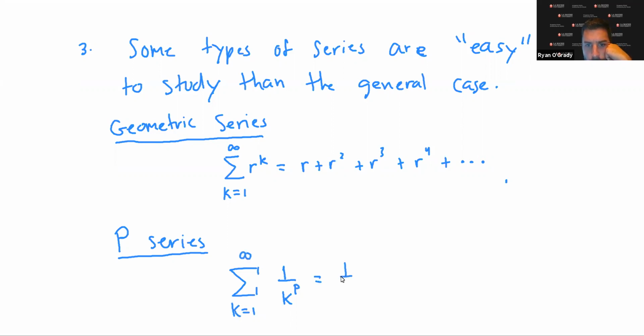Excuse me, I wrote that wrong. k is the index, so this would be 1 plus 1 over 2 to the power p plus 1 over 3 to the power p plus 1 over 4 to the power p, etc.